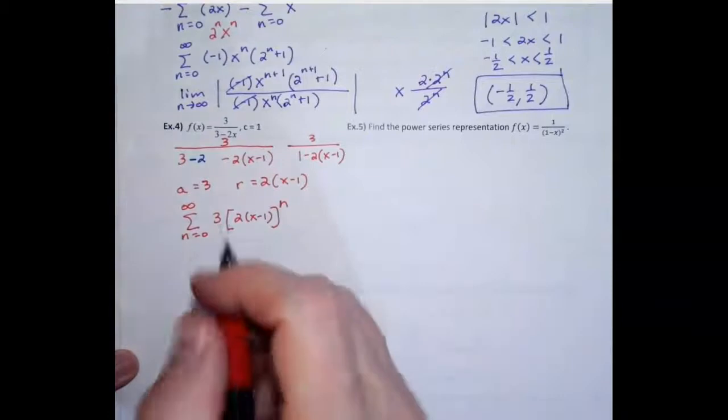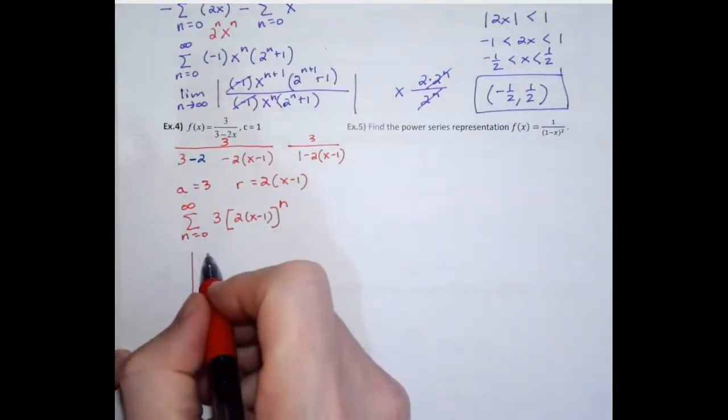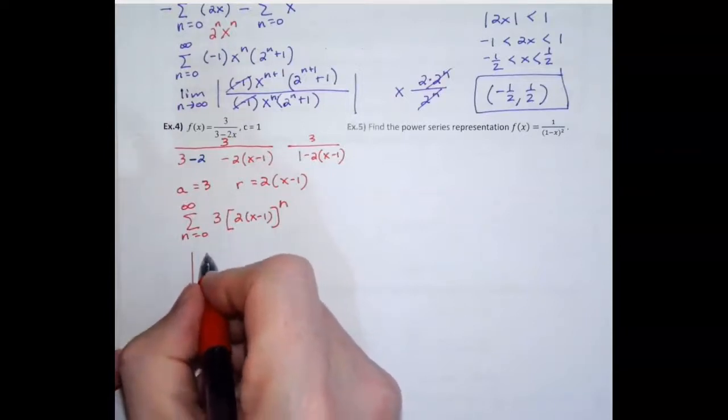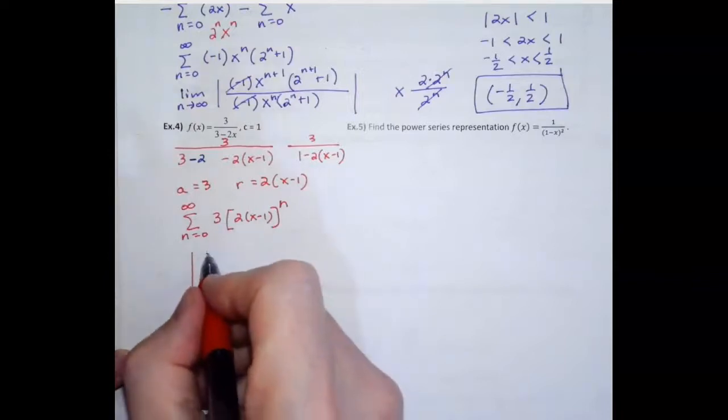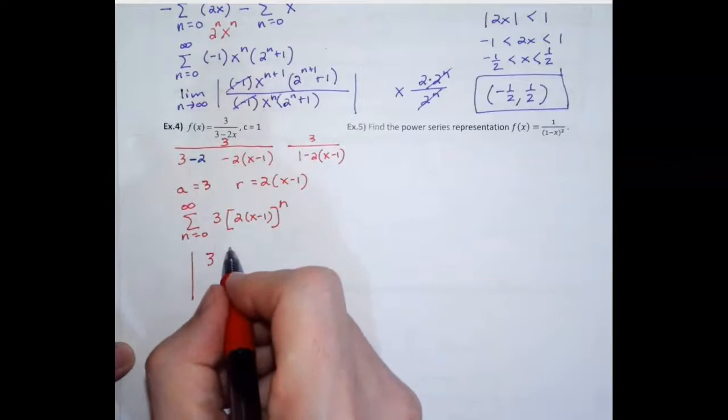Alright, so now if we use the ratio test on that, that's going to be this, where we add 1 to n.